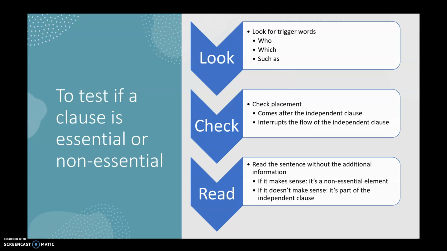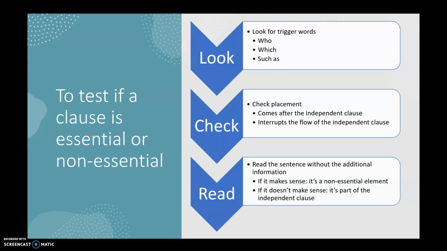So to test if a clause is essential or non-essential, there are a few things you can do. One is to look for trigger words, and the most common ones are who, which, and such as. In fact, you almost always need a comma before which, with the exception of when it starts a question. Such as, same thing. If you're using such as for a list of items, you almost always need a comma before it. You can also check where the dependent clause or the non-essential element comes in the sentence.